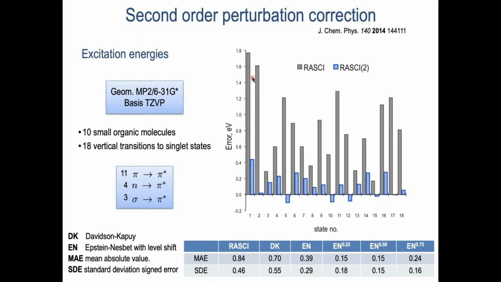And you can see that the error can be as high as much beyond 1 eV, which is huge, while when we add this perturbation correction, we go in general below 0.4 eV, which is a large improvement.